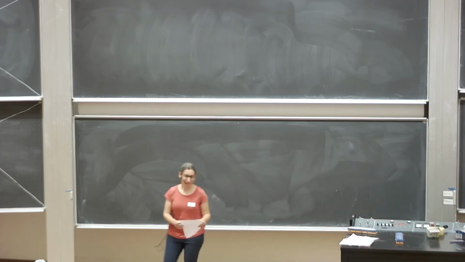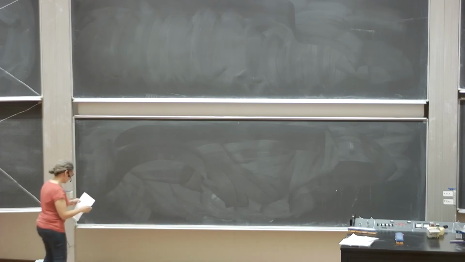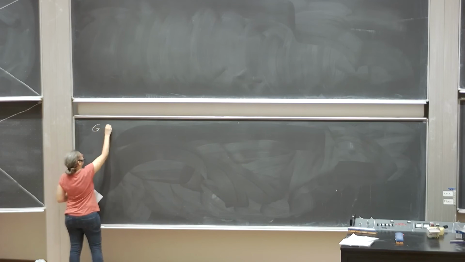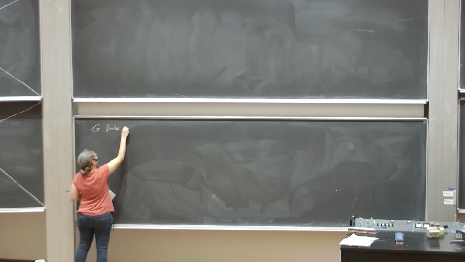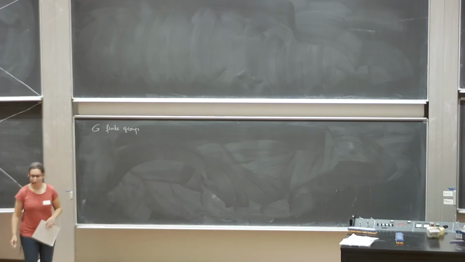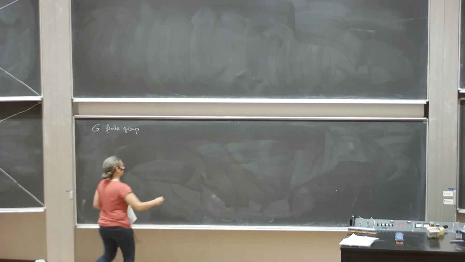And let me just briefly tell you how to get there, and that involves a bit of group cohomology, right? But I will be just very brief. So if G is a finite group, you can look at group cohomology. What's group cohomology?